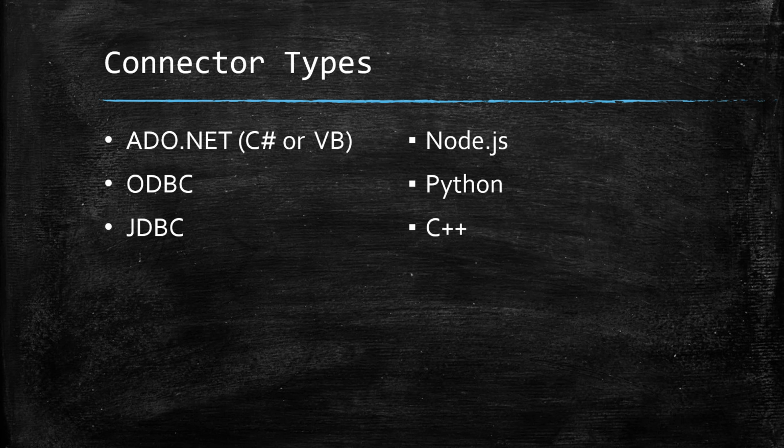These include connectors for C# and Visual Basic, Node.js, Python, C++. However, there are also ones that the community have made, things like PHP and Perl and Ruby. Pretty much, if you want to connect to any language, there is a connector available.